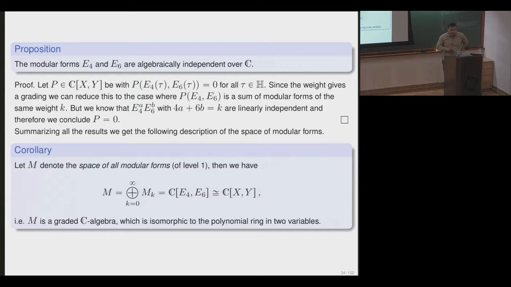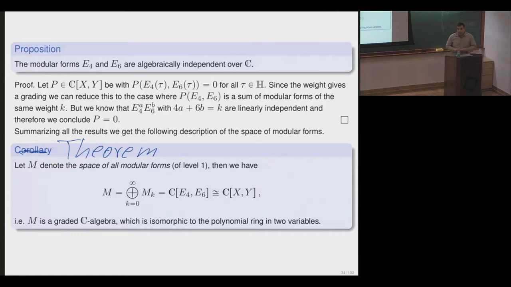And so we have finished with the first theorem I wanted to present to you, namely, we have this ring of modular forms. Maybe because it's important, I write theorem for this.